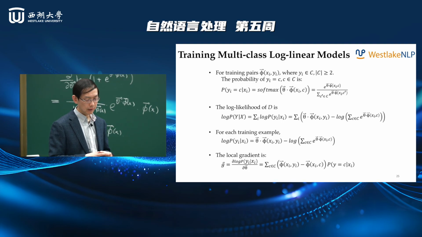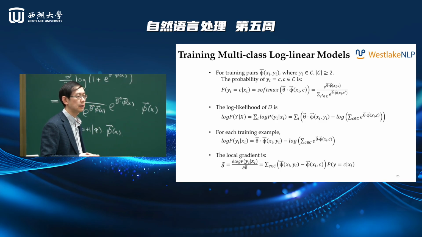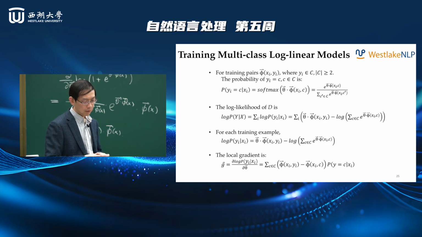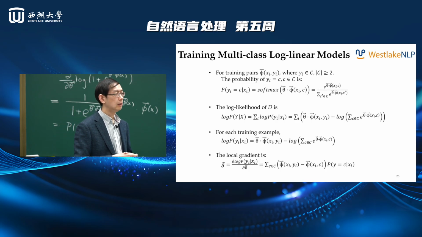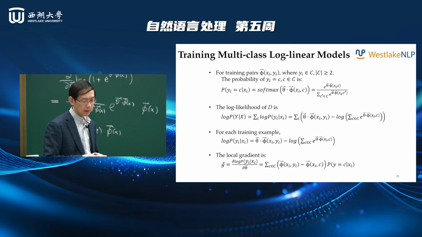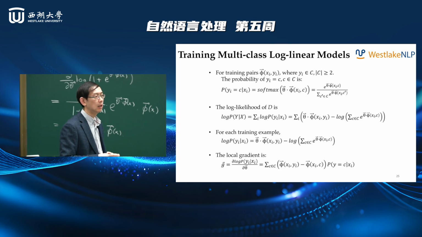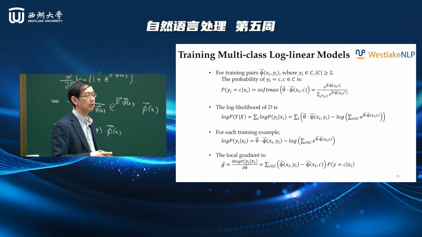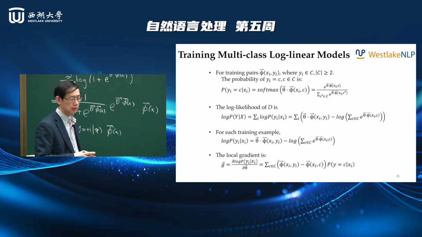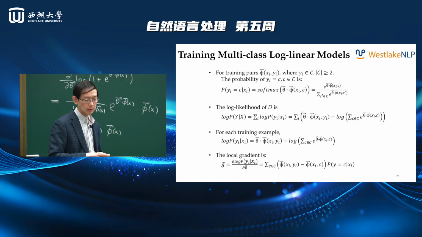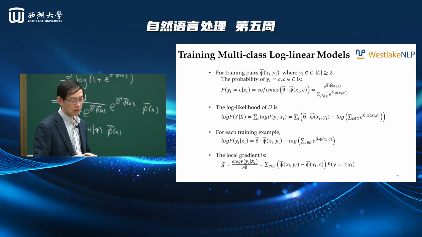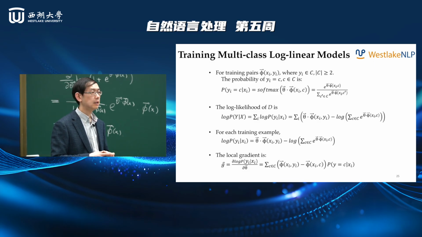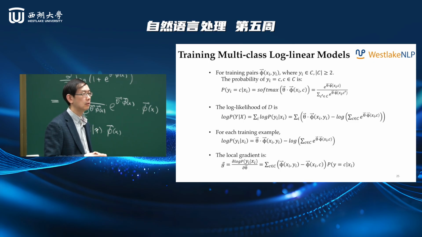How do you calculate the gradient? I leave it to you to do it offline, referring to the textbook, but the gradient will be, okay, phi x y, which is the feature vector of the gold instance, minus phi x c, the feature vector of one incorrect class c, times the probability of that c given x.